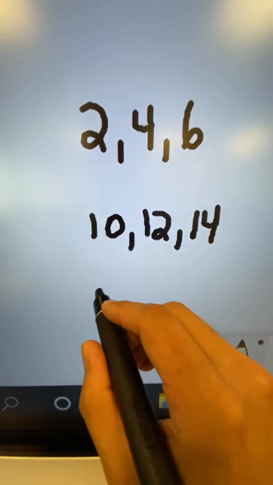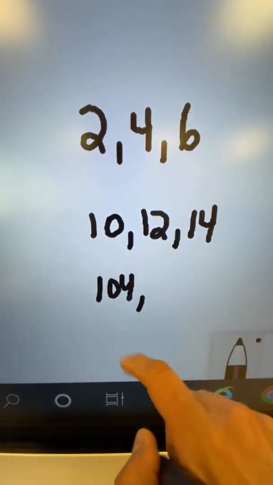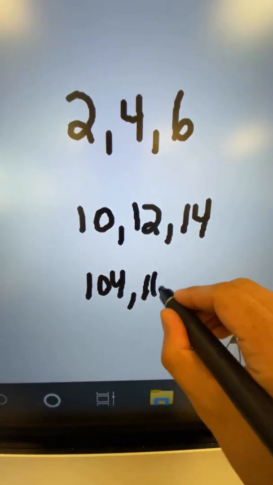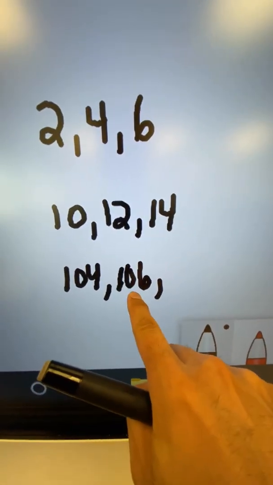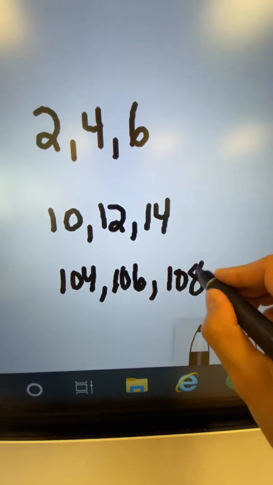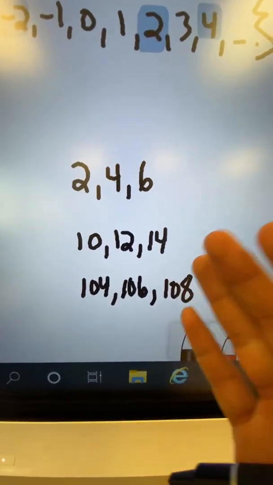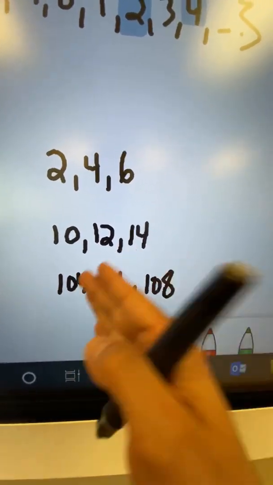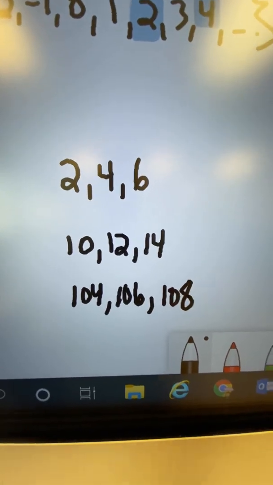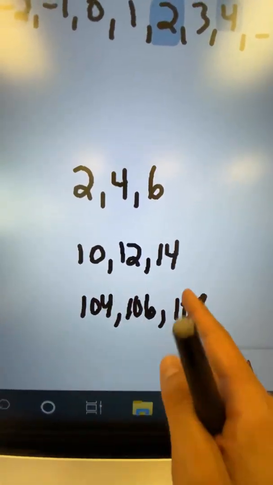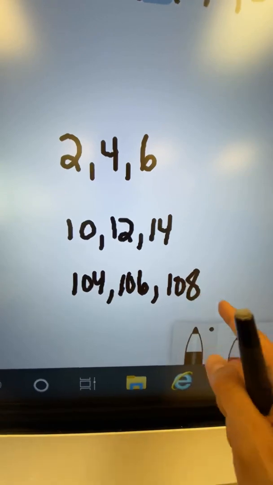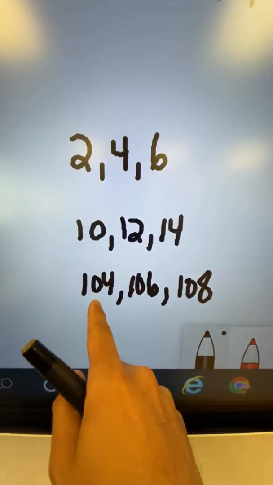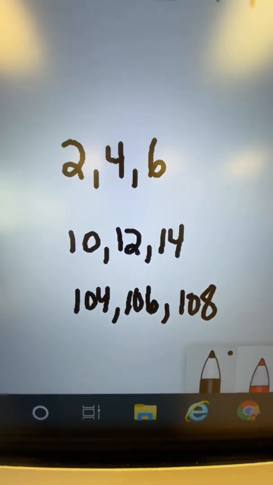If I pick a number as high as 104, what's the next even number after 104? 106. What's the next even number after 106? 108. So that's all consecutive integers means, back to back, the next one that follows. So when I say 3 consecutive evens, whatever you pick for your first one, the next 2 have to be the next even integers that follow after the first one you picked.